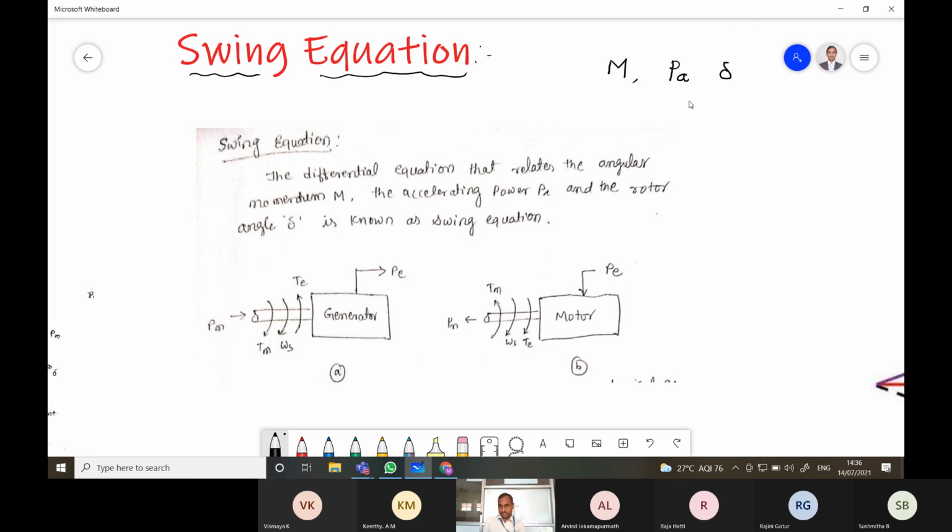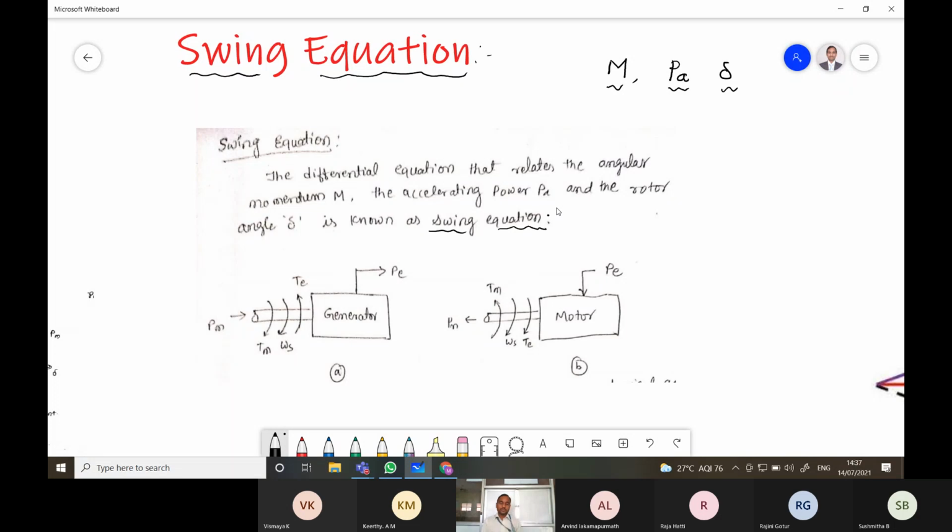So the equation relates these three quantities. This relation is called the swing equation.